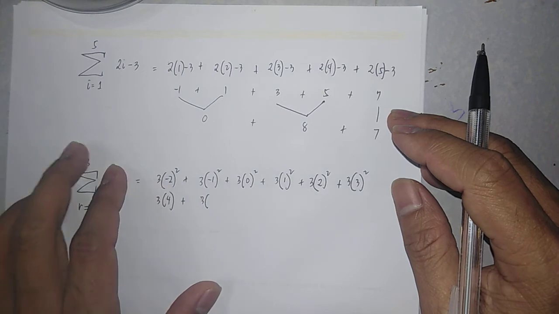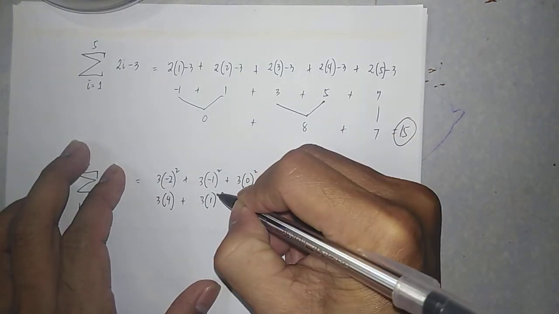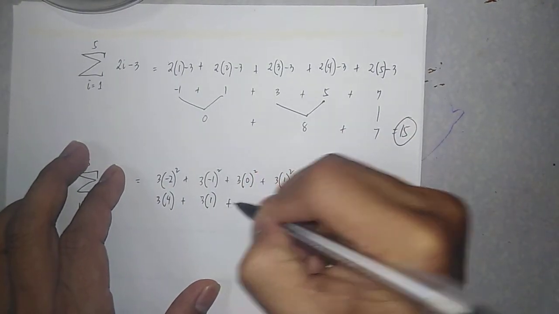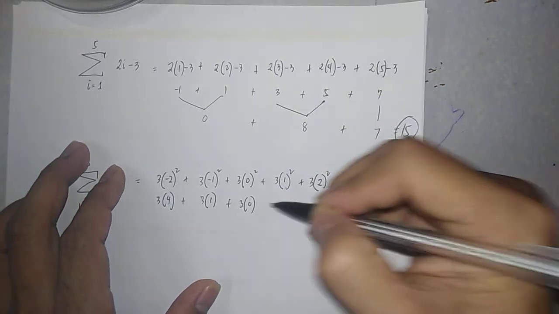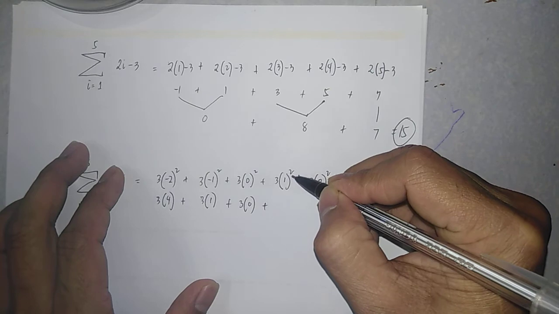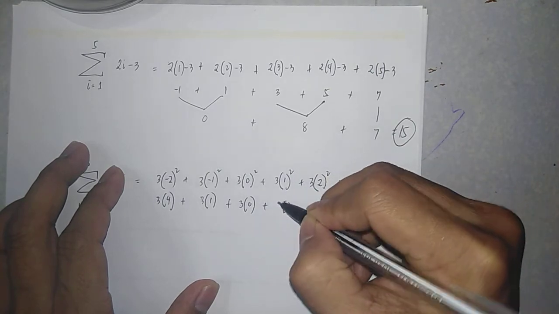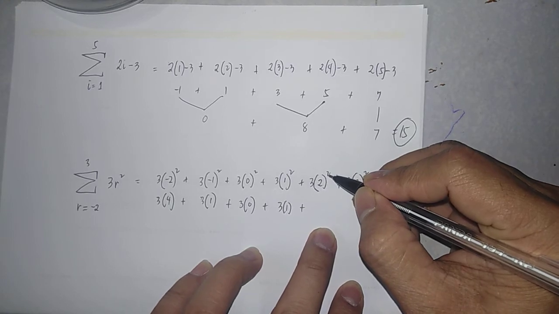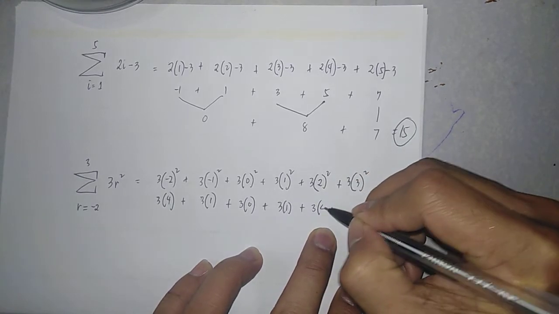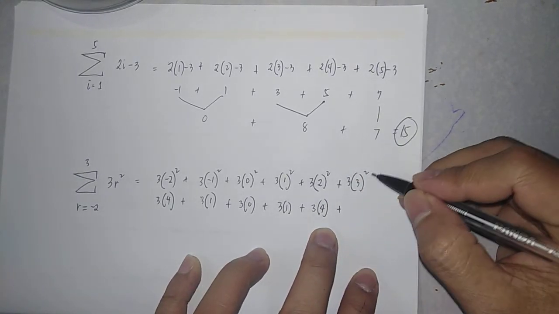Negative 1 times negative 1, positive 1. Alright, next, 0 square is 0 times 3. Next, 1 square is 1 times 3. Next, 2 square is 4 times 3. And then last, 3 square is 9.